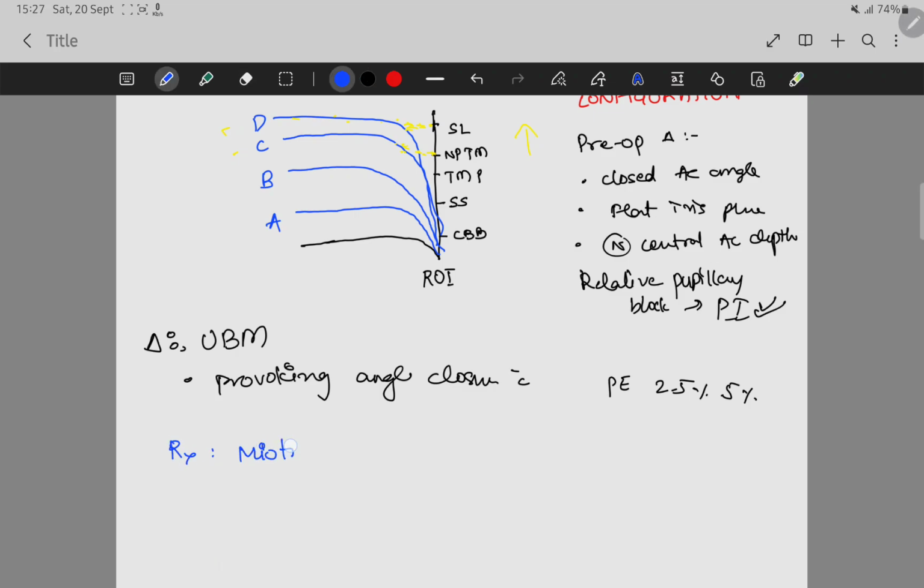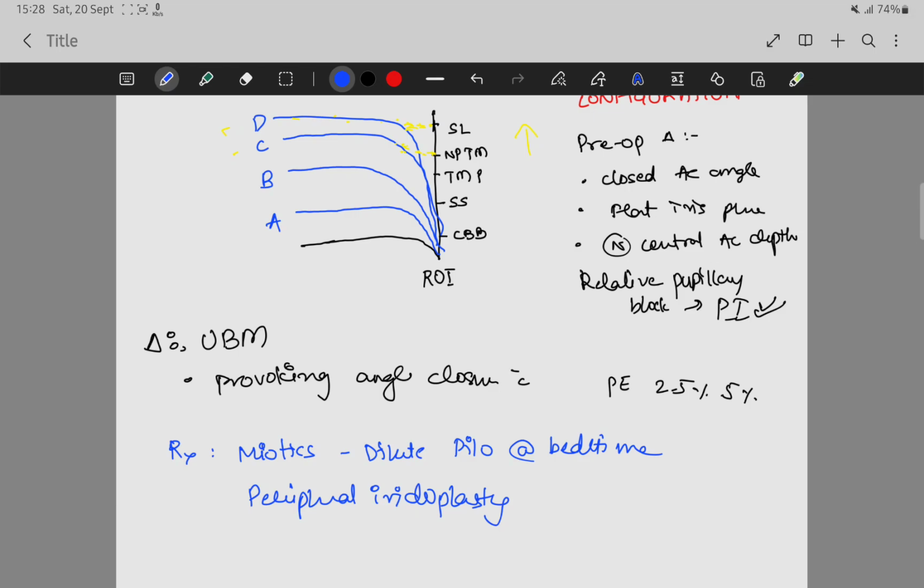Treatment is miotics like dilute pilocarpine at bedtime and peripheral iridoplasty. Now coming to the secondary causes of angle closure glaucoma.